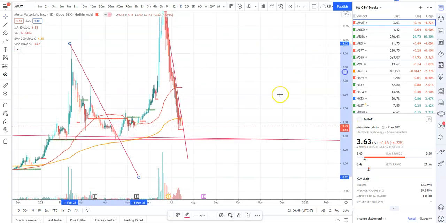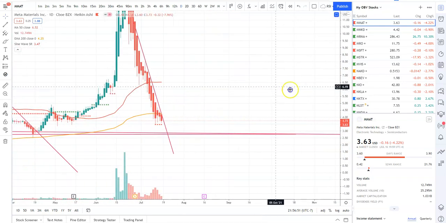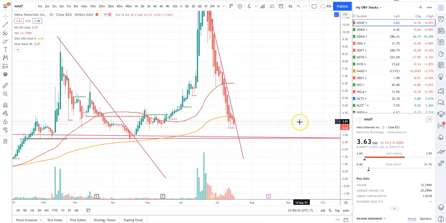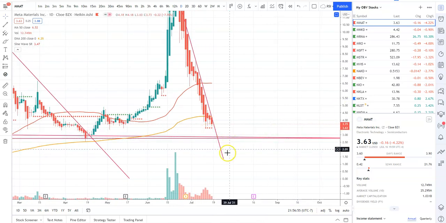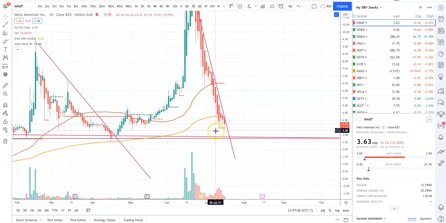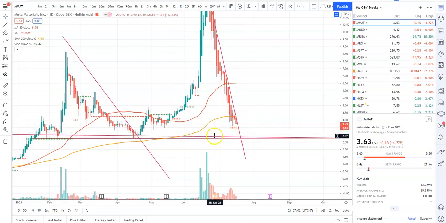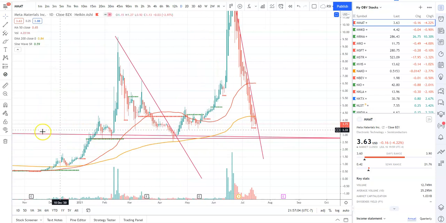So I am hoping and thinking that most likely this zone here, if we do end up getting down here, which looks to be very probable, you've got actually a confluence of support here. You've got this slightly downsloping long-term overhead line of resistance, and then you've got this also horizontal line of support.